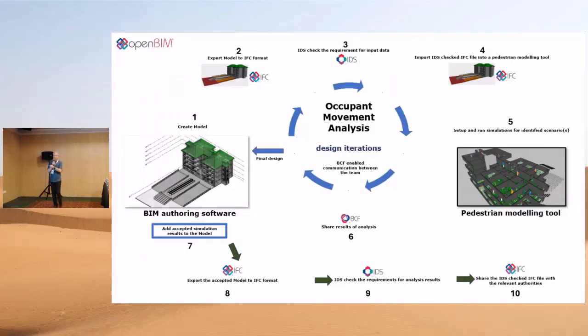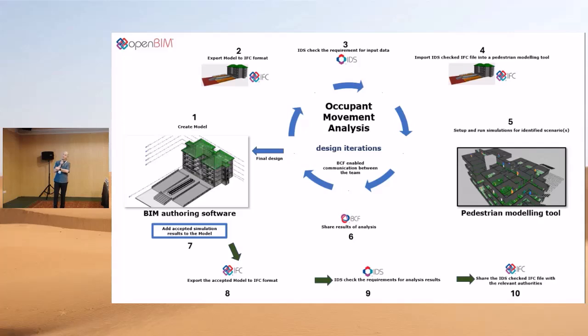This rather large diagram starts off schematically describing the whole workflow we want to do on a design iteration for a building. So up here, number one, create the model. Number two, export the model to an IFC format.